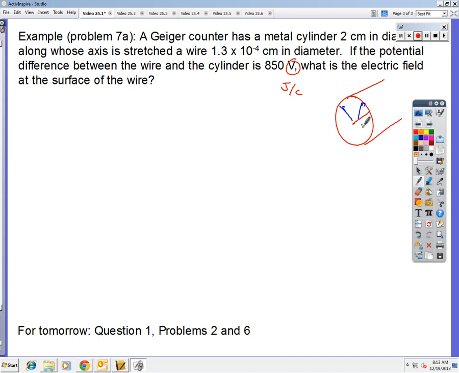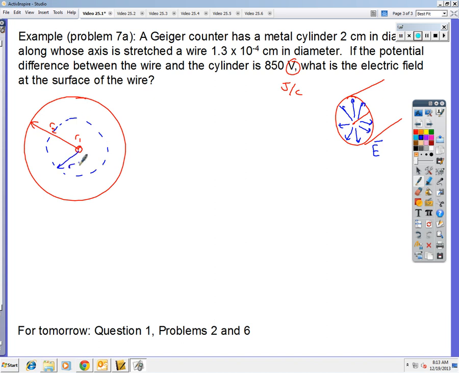So the first thing we remember is, okay, we have cylindrical symmetry, and given the definition of electric potential, we first need to determine an expression for the electric field. So we're going to have the outer shell, which is radius R2, and the inner wire, which has radius R1 and is very small, and we're going to draw a cylindrical Gaussian surface of radius R without a subscript.